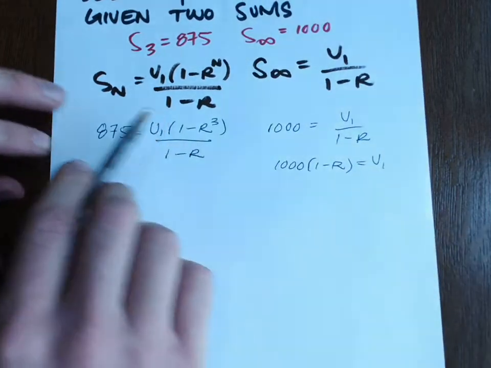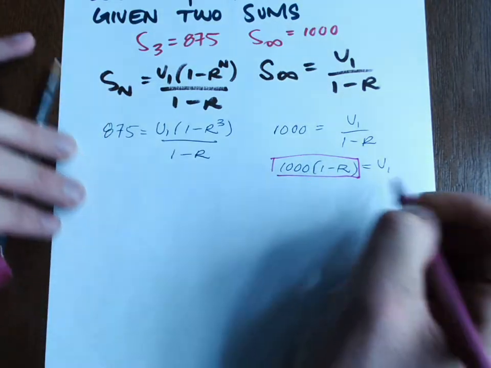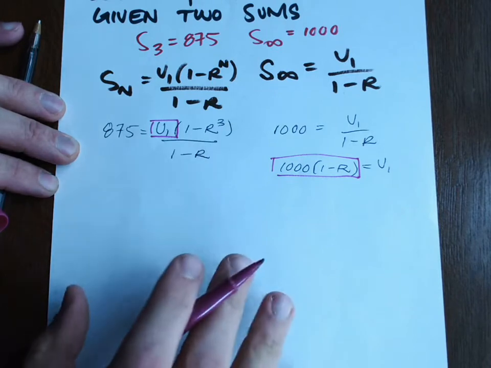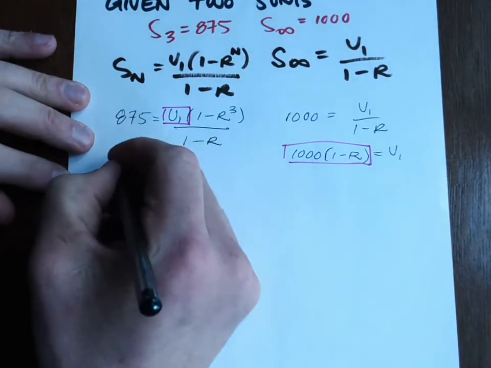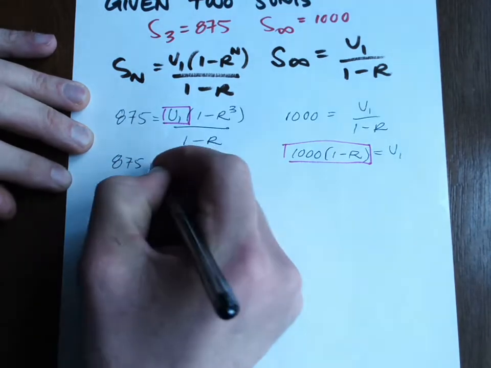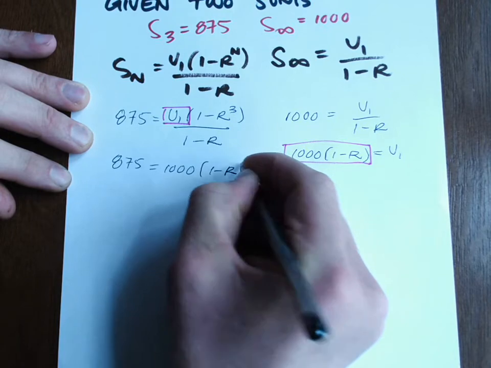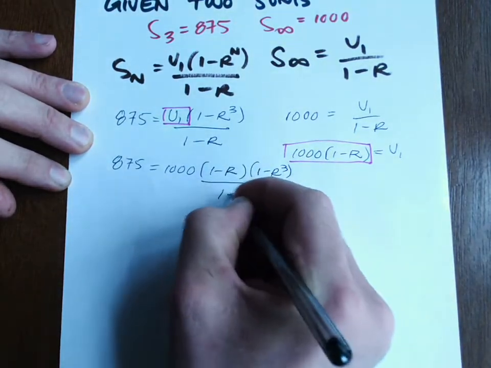So from here, this is what u1 is equal to, and I'm going to substitute that into the u1 in the other equation. When we do that, this will become 875 equals 1,000 times (1 minus r) times (1 minus r cubed) over 1 minus r.